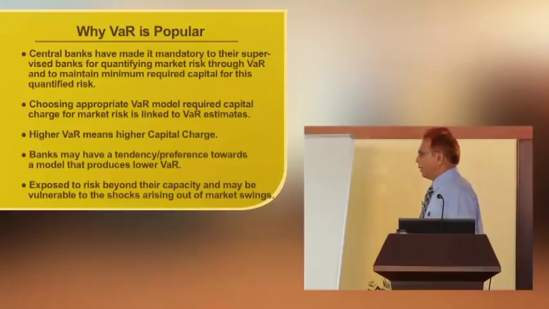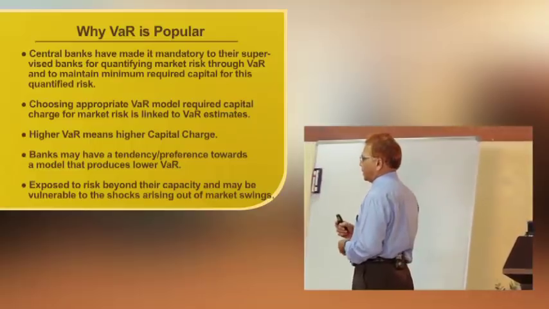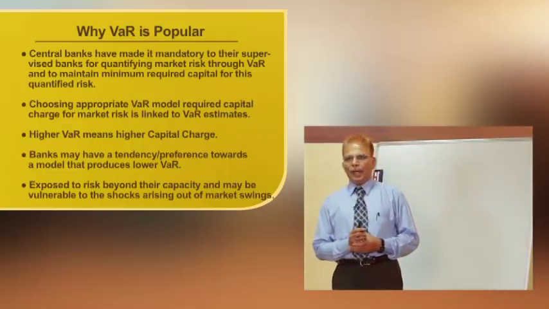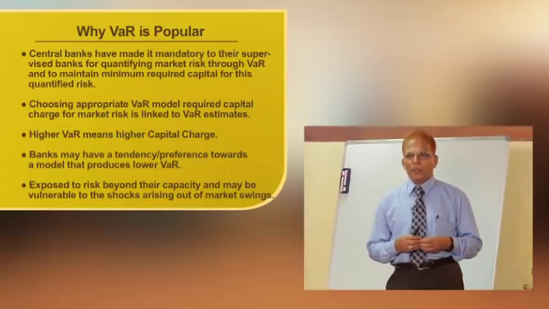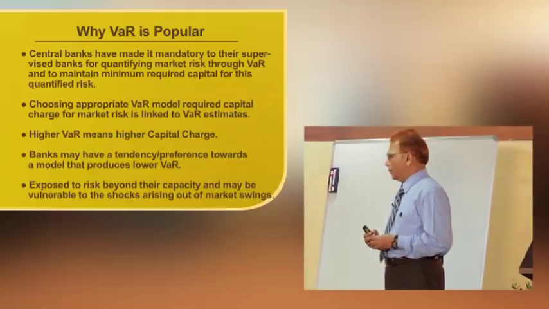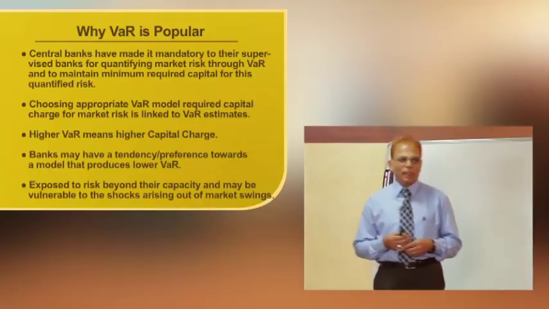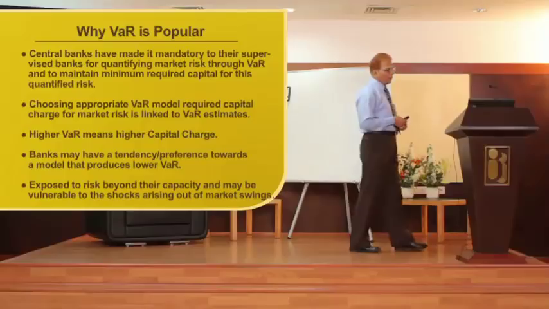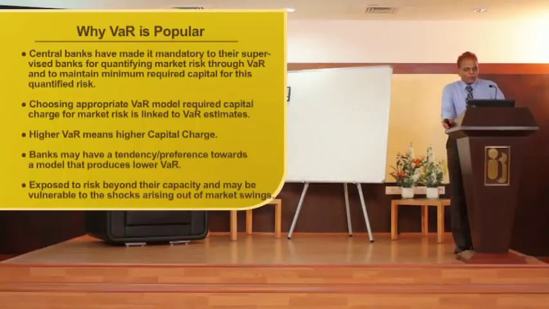But here, the higher the VAR, the higher the capital charge. So there is a tendency amongst the banks to choose those models which will throw out lesser VAR numbers. So model validation becomes very, very critical. The regulators will insist on validation of the models before these are used for maintenance of the capital.